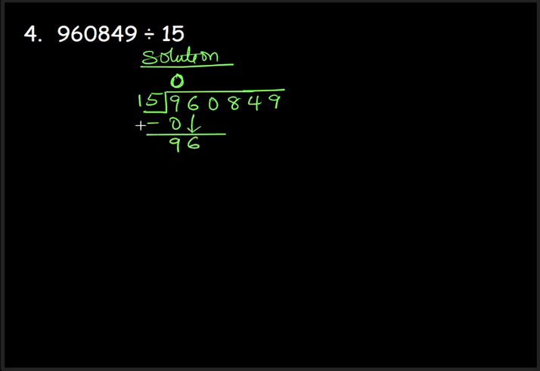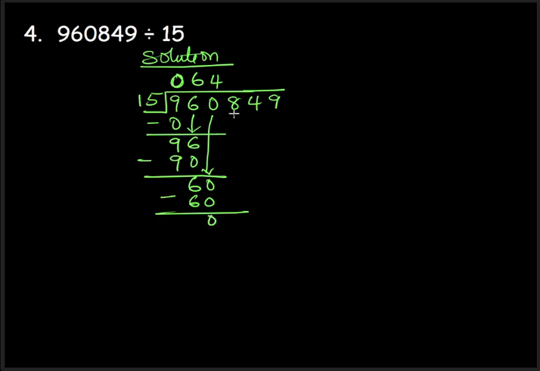Bring down 6. 15 into 96. 90 should be before, that will be 6 times. 15 times 6 will give us 90. Subtract, what do we have? This will give us 6 here, and then we'll bring down 0. 15 into 60, that will give us 4. 15 times 4, that will be 60. Subtract, what do we have?